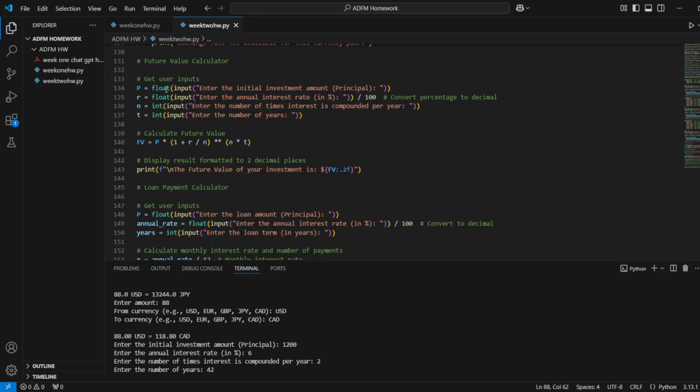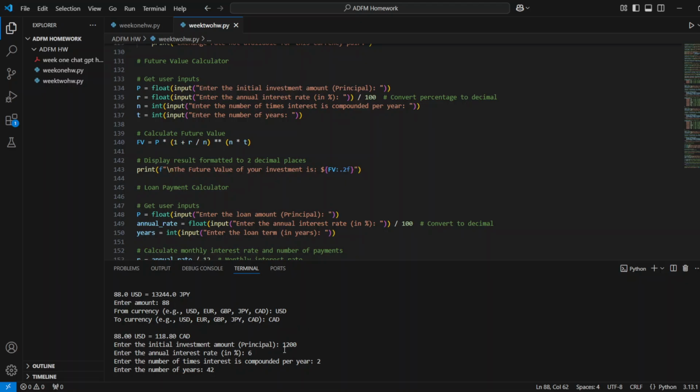This was the program that I added to get the principal amount from the user, and then the interest rate, the number of times the interest would be compounded per year, and the number of years. So this is this program. These are the outcomes of that program.